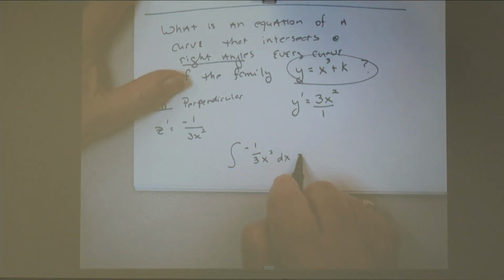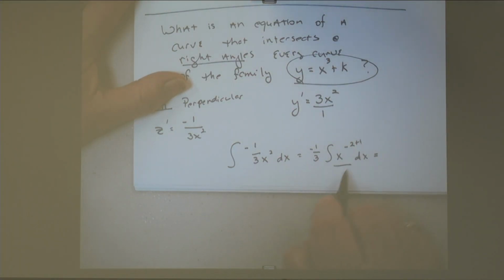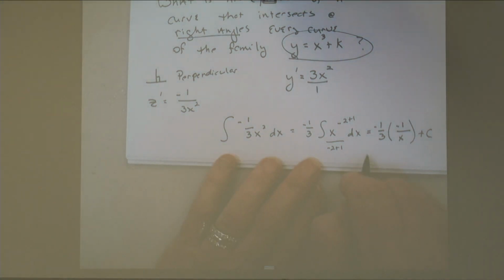Okay, so I'm going to take the negative 1/3 out, and I'm integrating x to the negative 2 dx, which of course, if you add 1 to it, is going to give you negative 1/3 times negative 1 over x. And then it's indefinite integration, so we're going to add the c to it. Negative times negative is positive, so my curve called the z family is going to be 1 over 3x plus c.